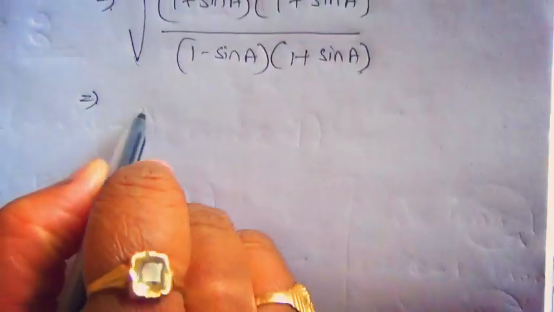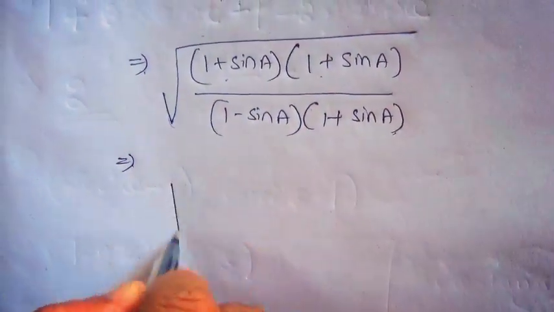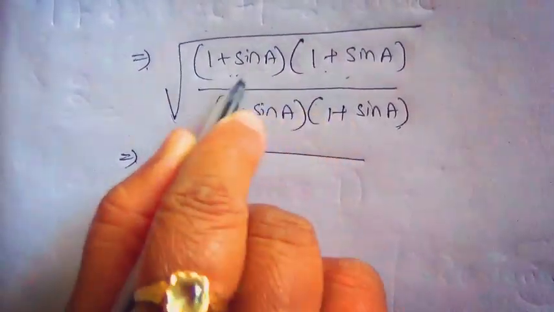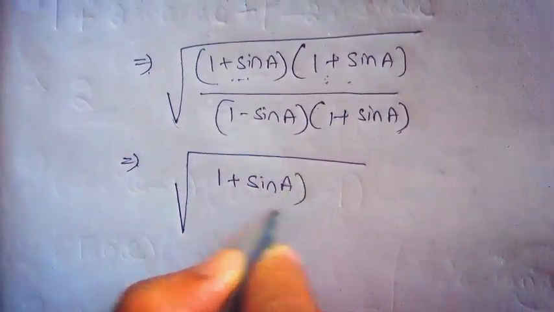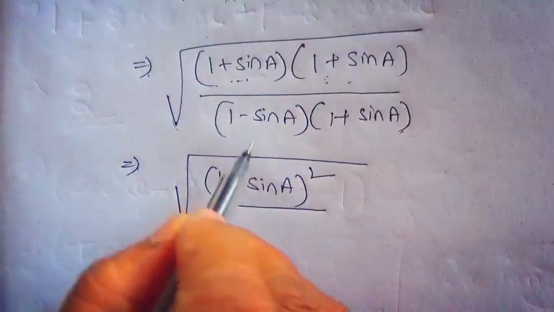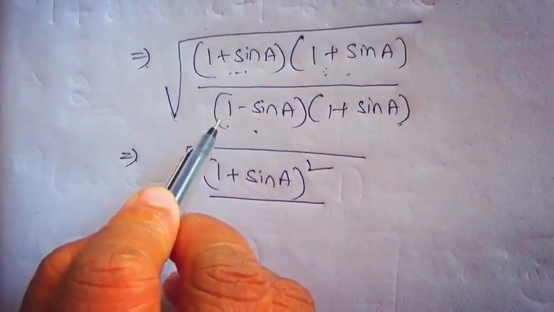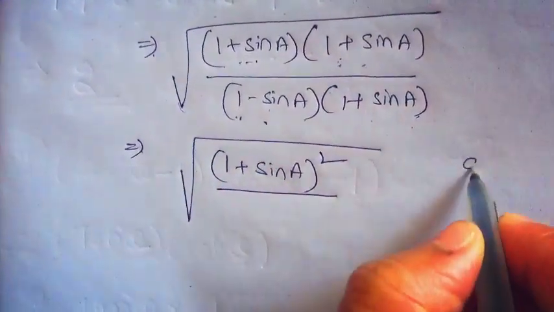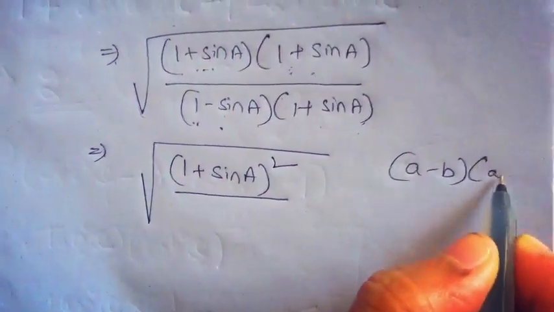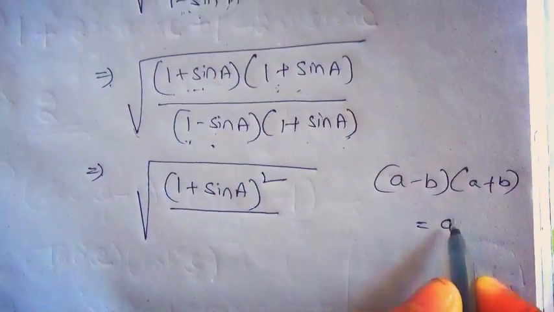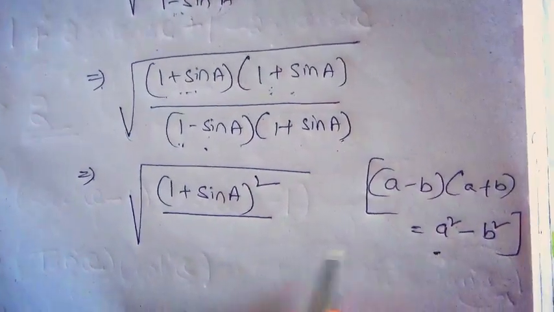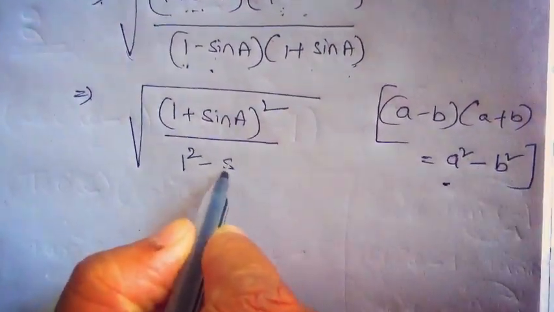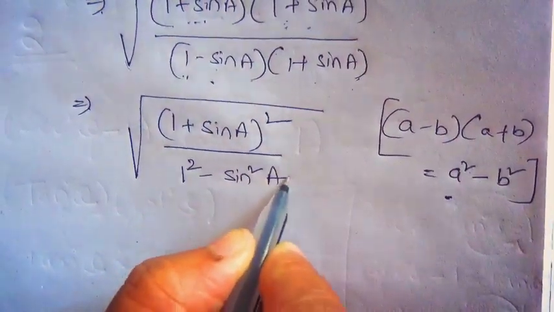So here the numerator is the square root of (1 plus sin a) whole square, and the denominator is in the form (a minus b)(a plus b), which is equal to a square minus b square. So by using this formula, 1 square minus sin square a.